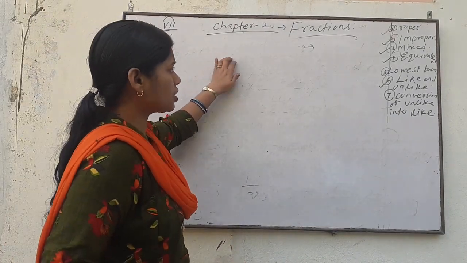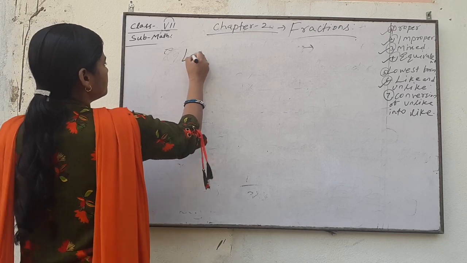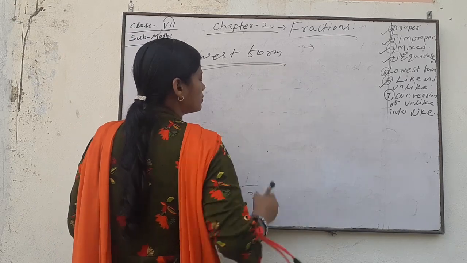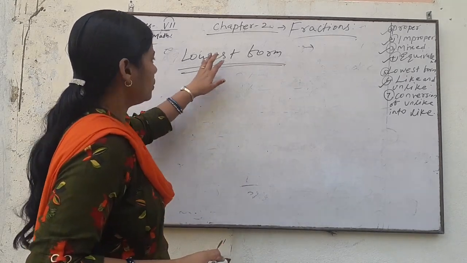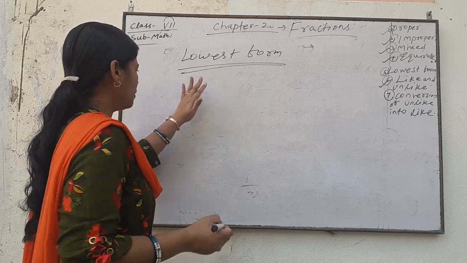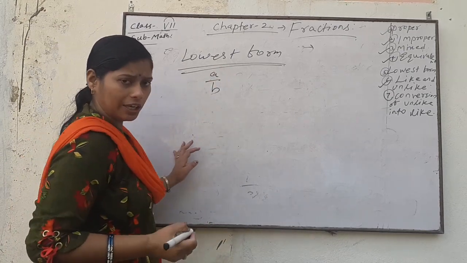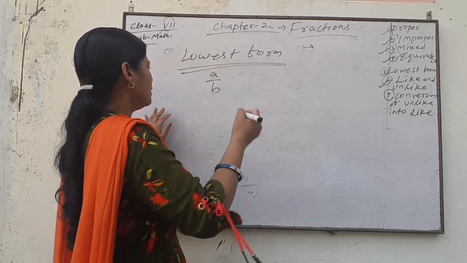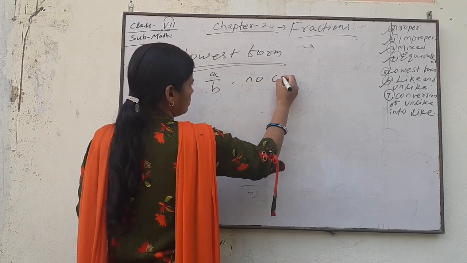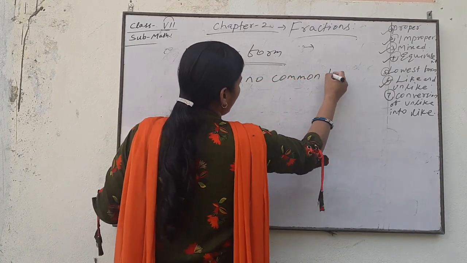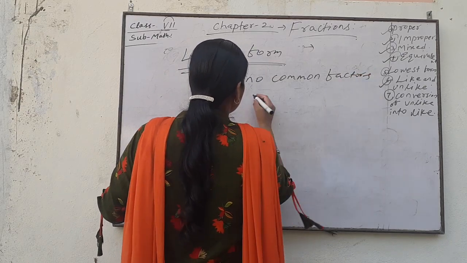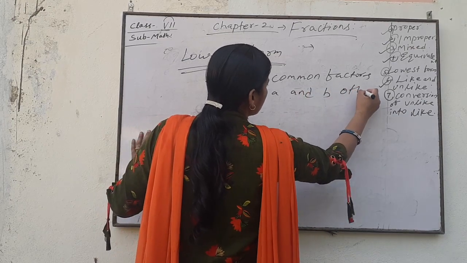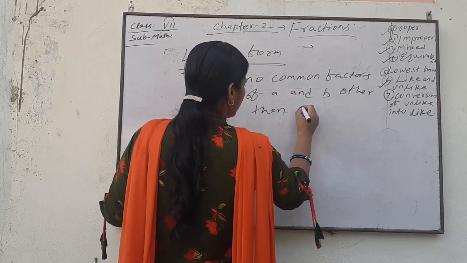Now your lowest form. What is lowest form? Lowest form means if a by b is your fraction, then there are no common factors of a and b other than 1.